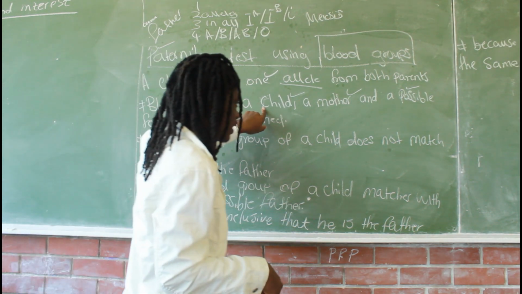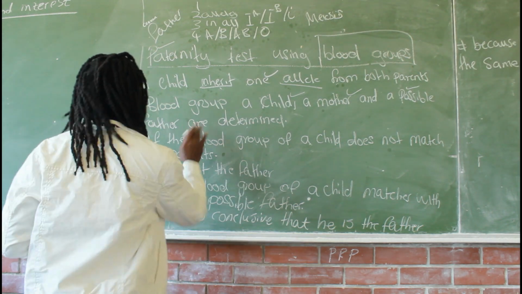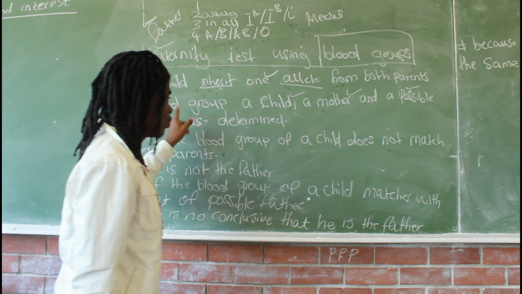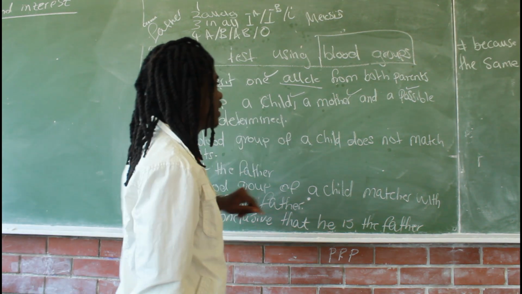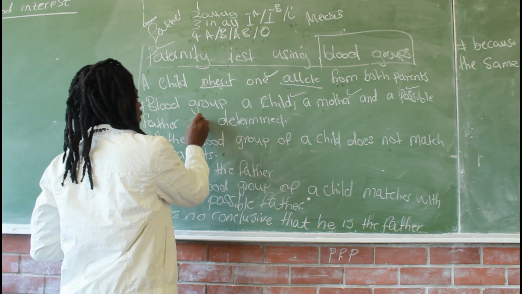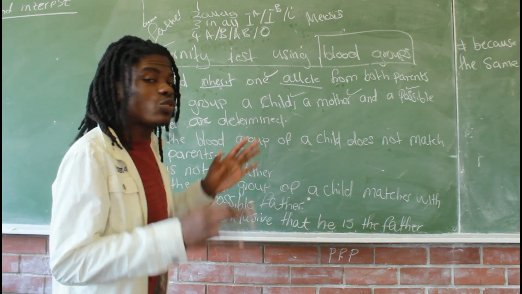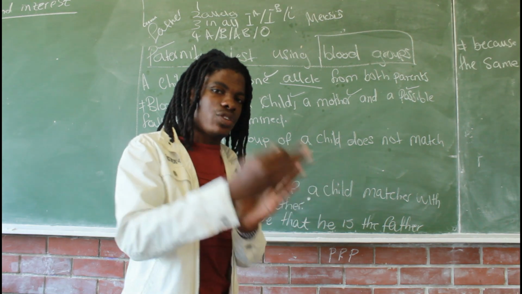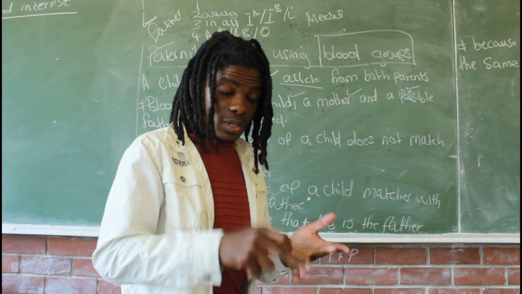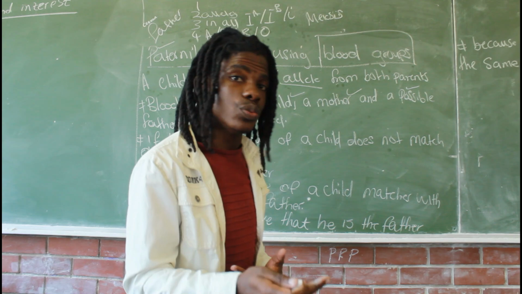The blood groups of a child, a mother, and a possible father are determined. We need to know the blood group of the mother, the possible father, and the child themselves, so we know what we're comparing to.